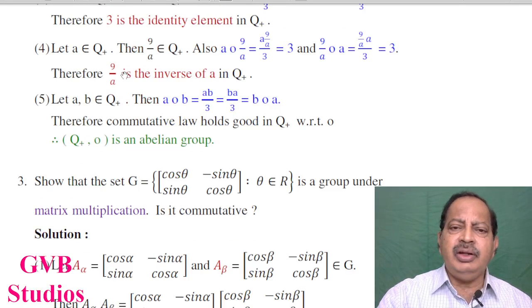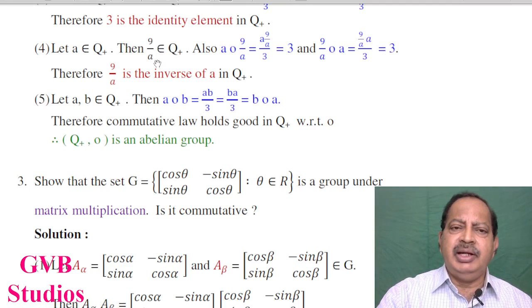Next, inverse. Let A belong to Q plus, we guess the inverse element from the closure property. If A is a positive rational number, then 9 by A is also a positive rational number. So, I am taking 9 by A from the set Q plus. Operating, A circle 9 by A is equal to A into 9 by A by 3, and this gives 3. And 9 by A circle A is equal to 9 by A into A by 3. Here A is cancelled and 9 by 3 gives 3.